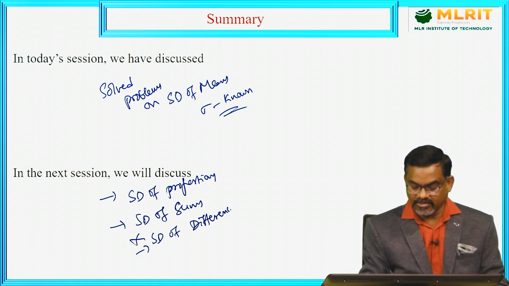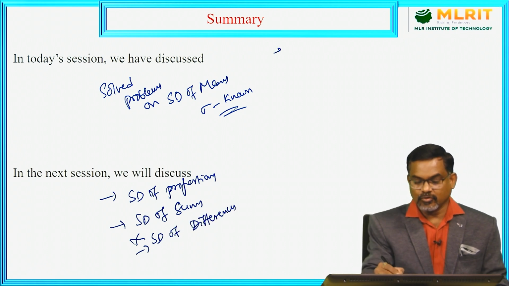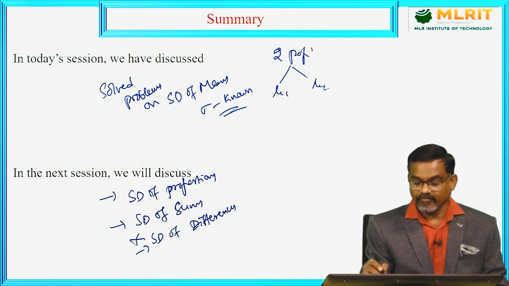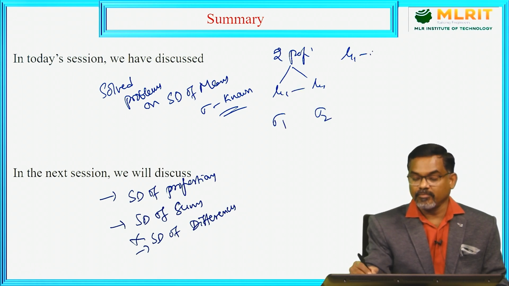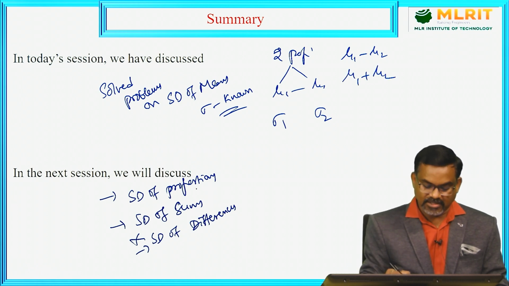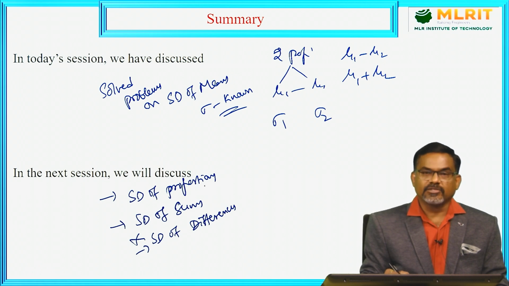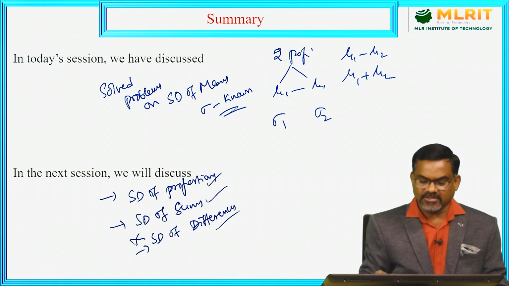So, we consider two populations with mean mu1 and mu2, standard deviations sigma 1 and sigma 2. Then if we consider the difference between these two, mu1 minus mu2, and if we consider sum mu1 plus mu2. So, we discuss sampling distribution of proportions, sums and differences in the next session.